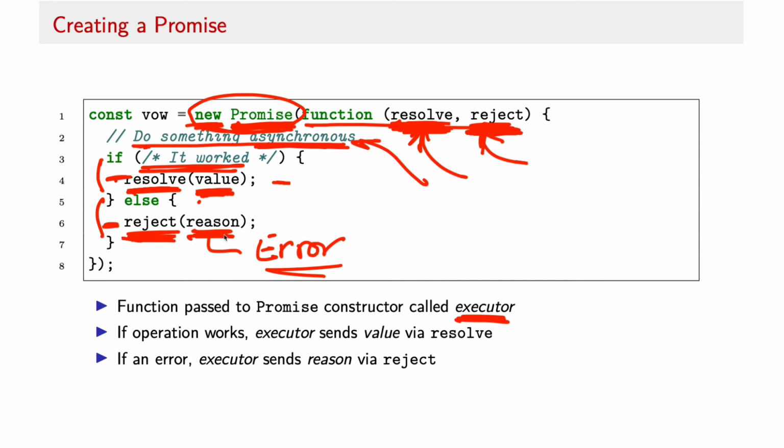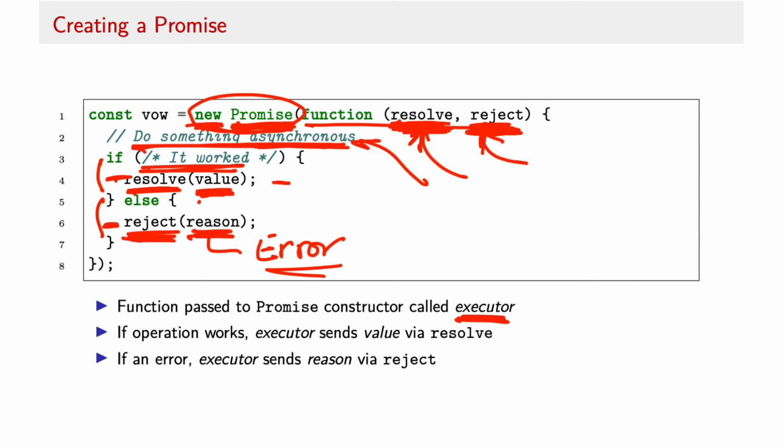Okay? So that's the promisification process. We're taking some other code, some other paradigm for asynchronous operation, wrapping it up inside of this constructor that's creating a new promise, and we're reinterpreting the behavior of that asynchronous function in terms that the promise understands.